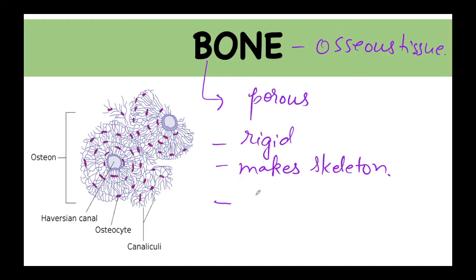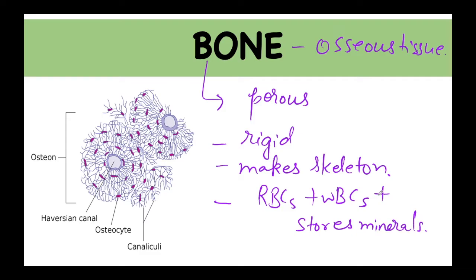Bone also produces RBCs, WBCs, red blood cells, white blood cells, and it also stores minerals like calcium, phosphorus, magnesium, etc. Bone is very lightweight yet strong and hard. Next, osteocyte. So osteocyte is a cell with the help of which the complete bone structure is made.